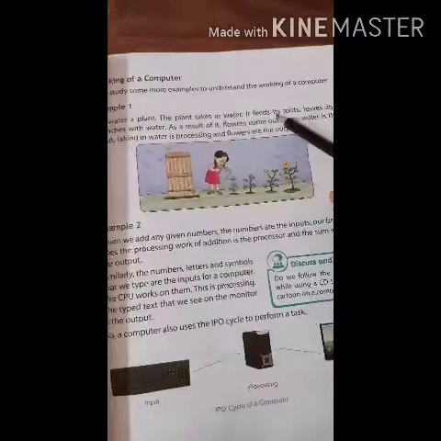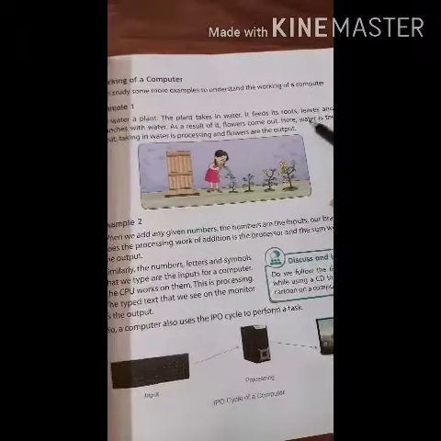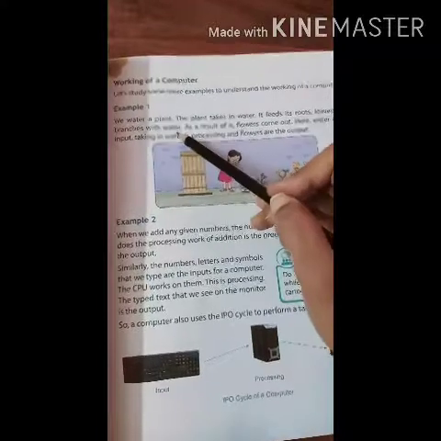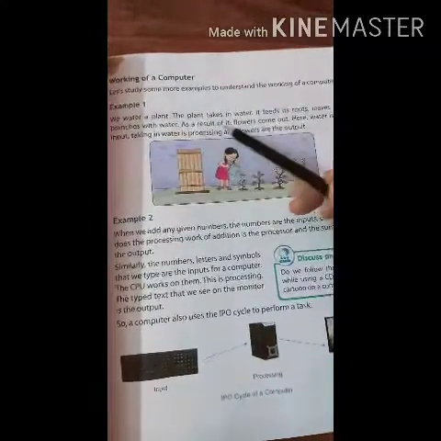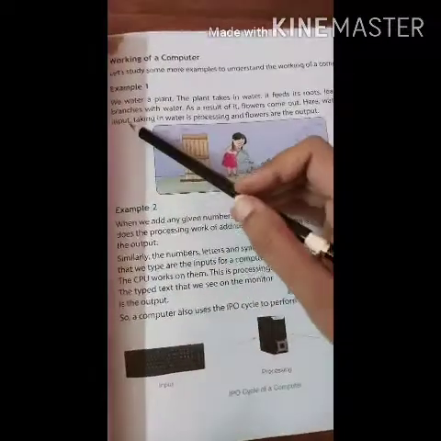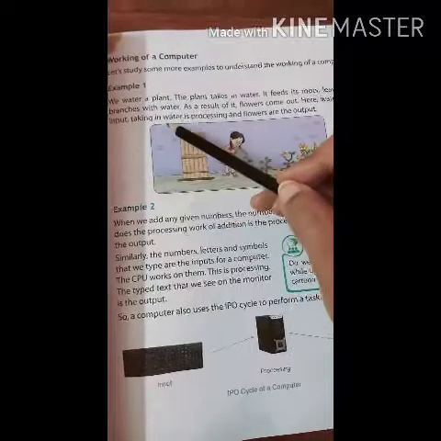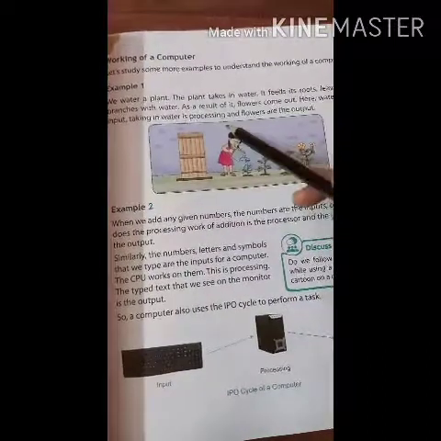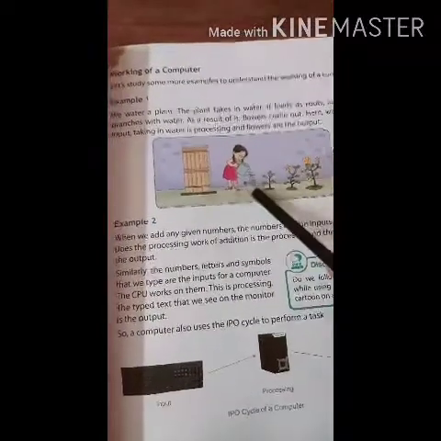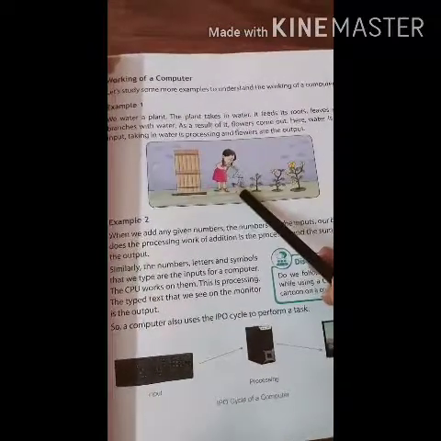It feeds its roots, leaves and branches with water. As a result of it, flowers come out. Here, water is the input, taking in water is processing and flowers are the output. Now see the picture. Okay, understood?